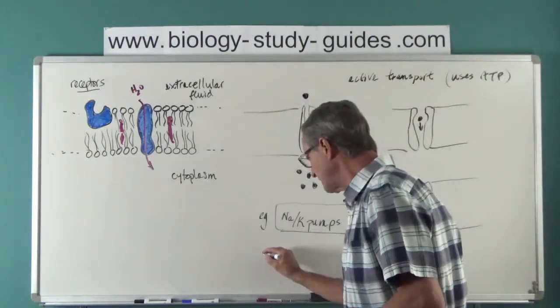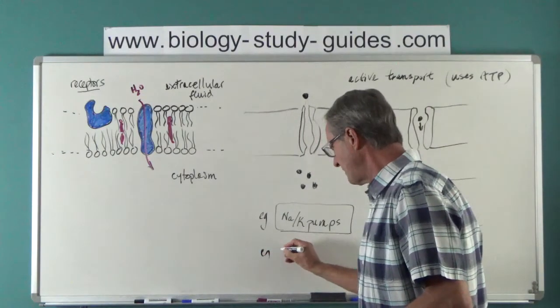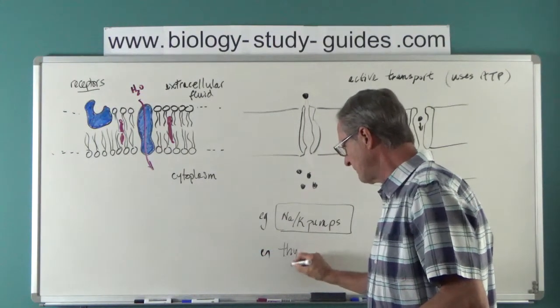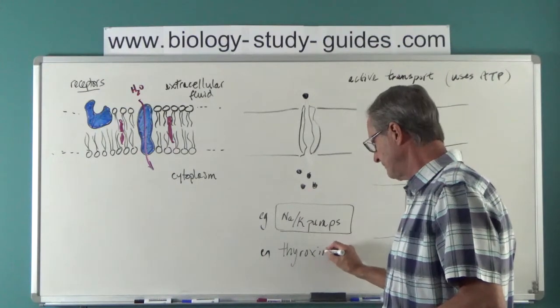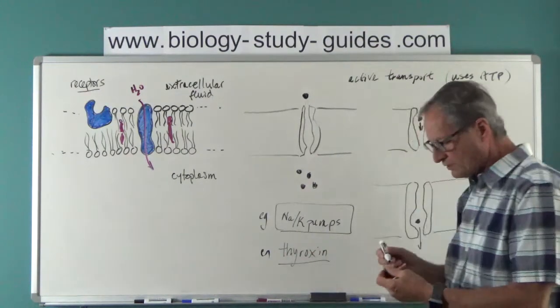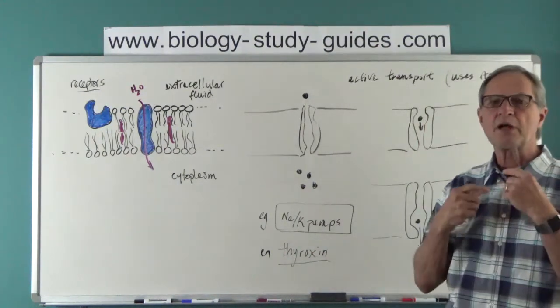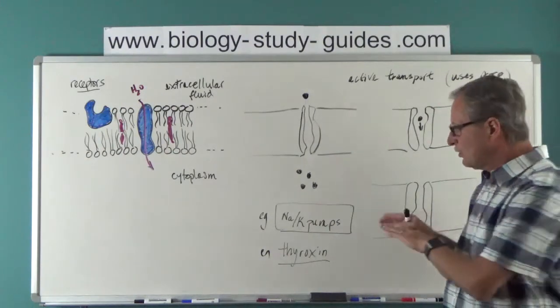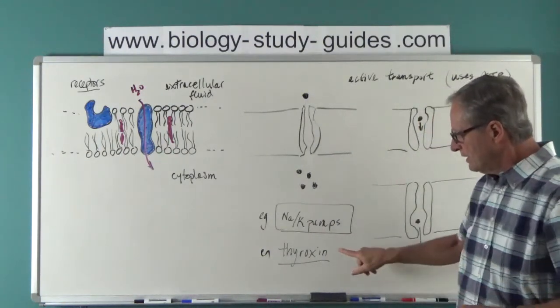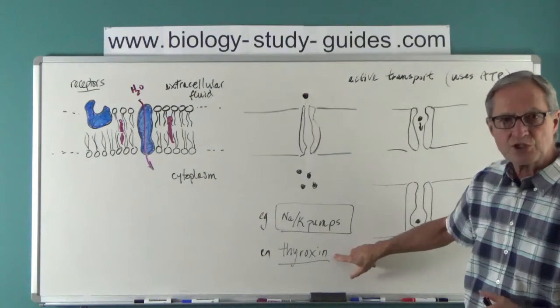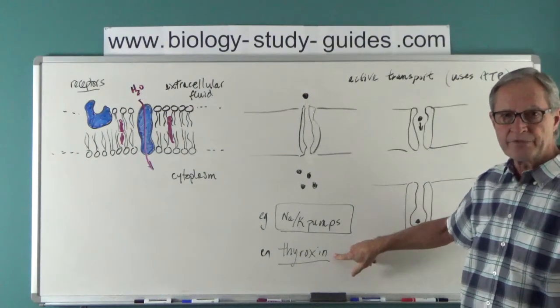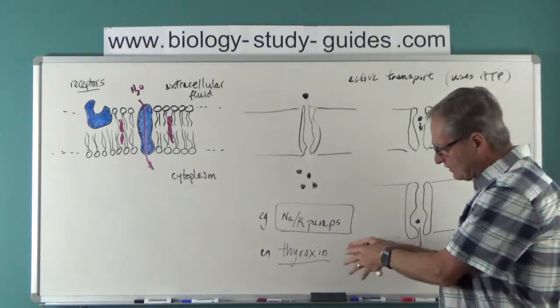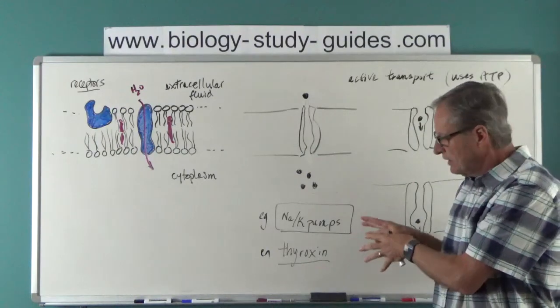Another example is in the making of thyroxine. Thyroxine is a hormone. Thyroxine comes from the thyroid gland in the neck. In order to make thyroxine, the thyroid gland has to accumulate iodine. So it takes iodine out of your blood, and the cells of the thyroid gland actually use iodine.